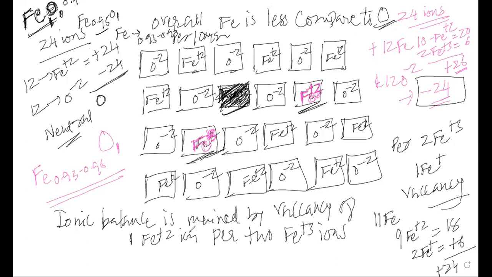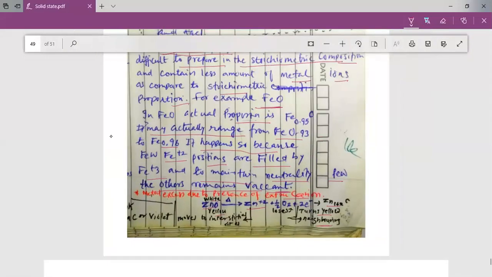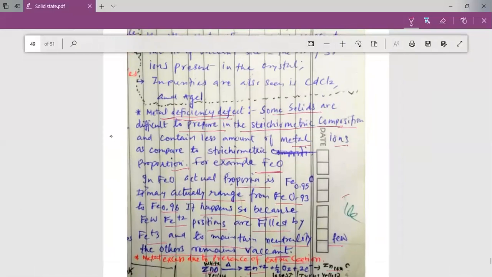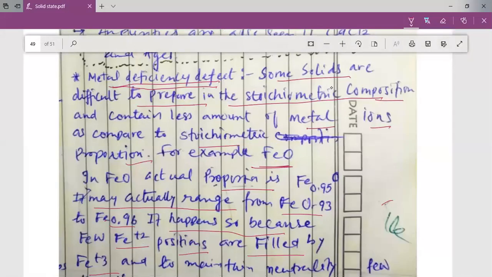Now if I read it once again for you, you will understand it better. Please pay attention, my dear students, that here we are going to study the metal deficiency defect. In the metal deficiency defect, some solids are difficult to prepare in the stoichiometric composition and contain less amount of metal.